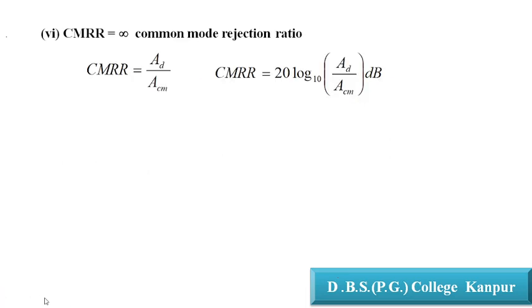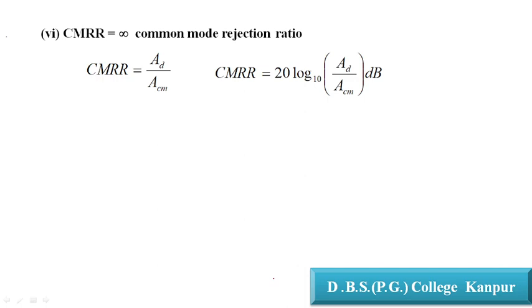So go for the next very important property, CMRR. In many competitions, the question is the full form of CMRR: common mode rejection ratio. And the question is what is its value for an ideal operational amplifier. For ideal conditions, that value is infinite.